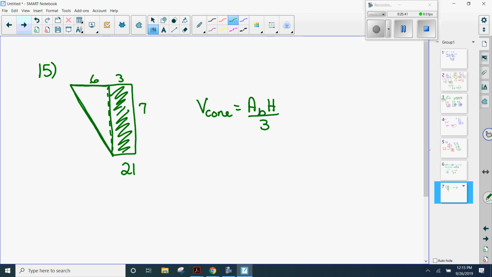No, 6 times, oh, okay. You divided first. 21, so the area of the base is what? Area of the base is 42. What's the height of your cone? The height of the cone is 5, and you have to divide by 3. 3 does go into 42. 14 times. 14 times 5 is 70.